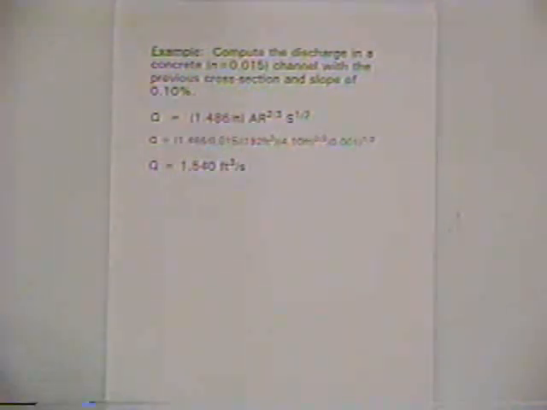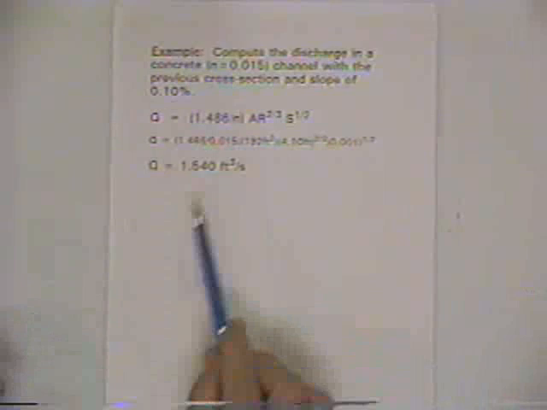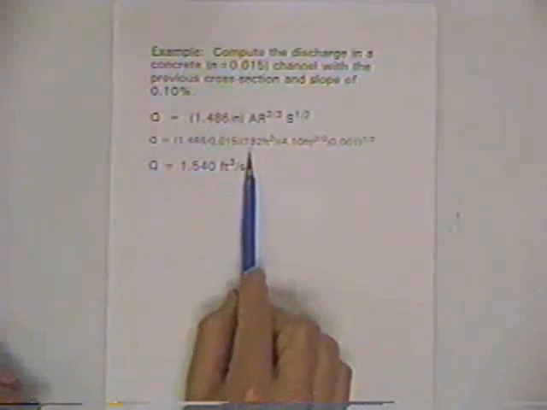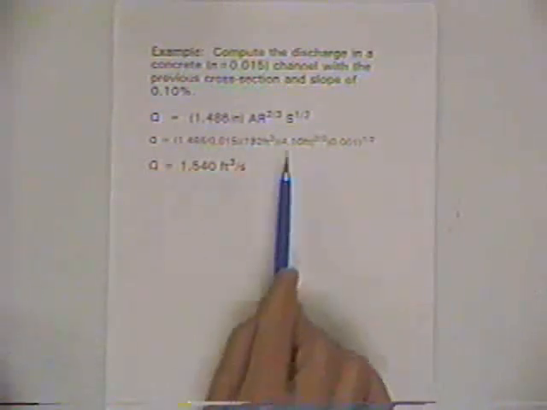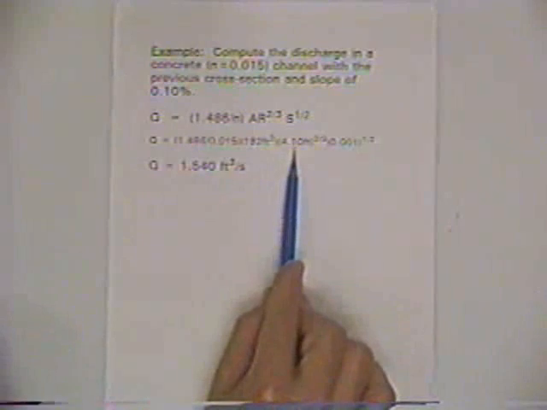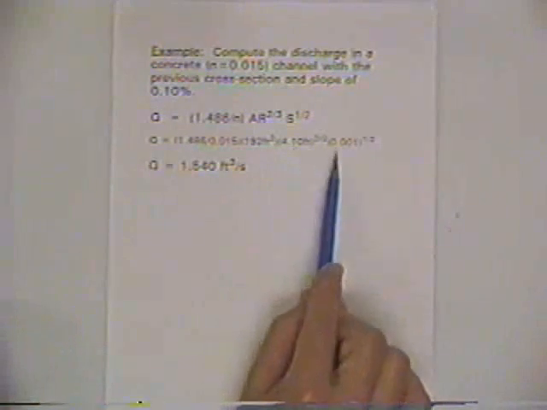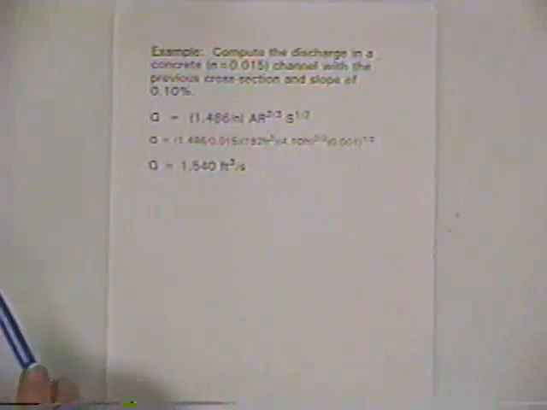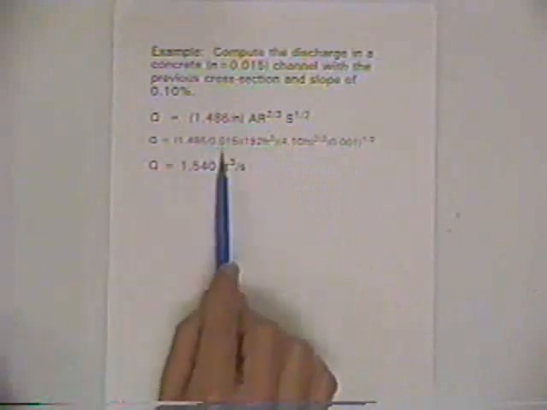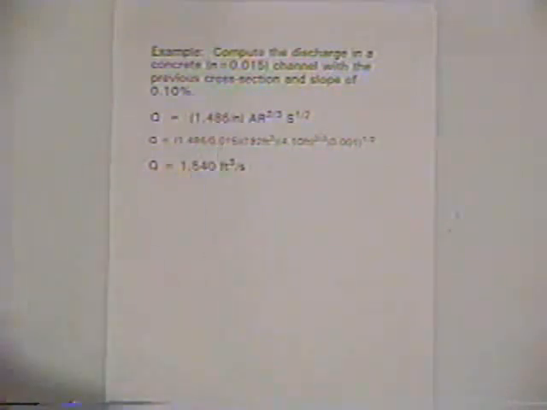Having gone through the geometry, we can plug in the cross-sectional area of flow, which we computed on the previous page. We can plug in the hydraulic radius, the longitudinal bottom slope for S, the roughness coefficient n, and compute a discharge of 1,540 cubic feet per second.